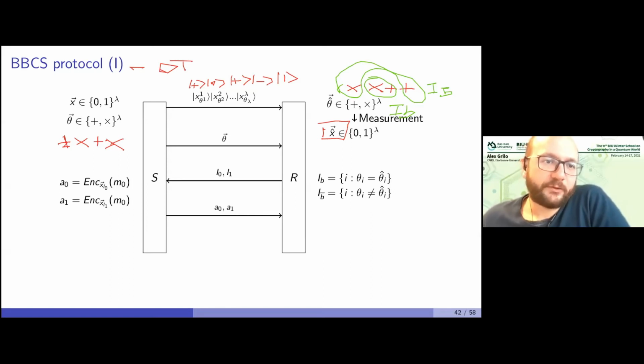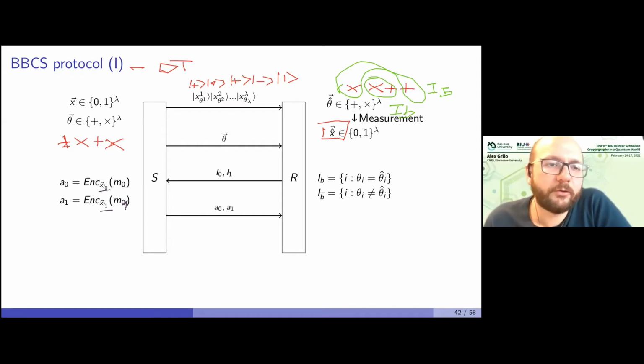Finally, in the last message of the protocol, the sender can split the choices of the bits X into sets, the one corresponding to Y0 and the one corresponding to Y1. Using these values of XY0 and XY1, she can encrypt the message M0 using key XY0.